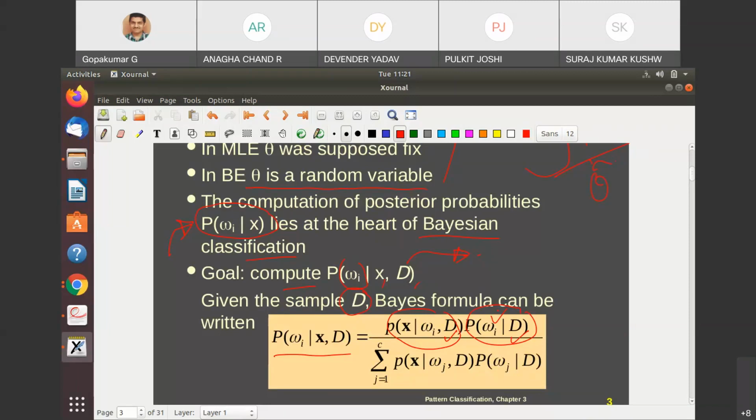So we are empirically estimating that prior probability once the data set is given. That is the significance of adding the concept of the training data set to the probabilities. So that is the idea.